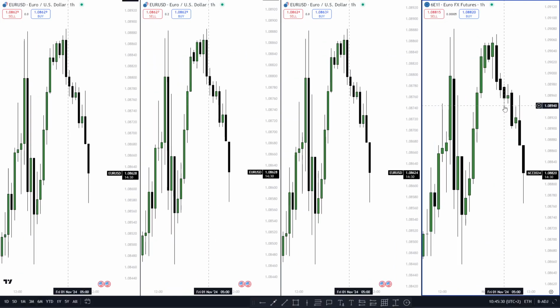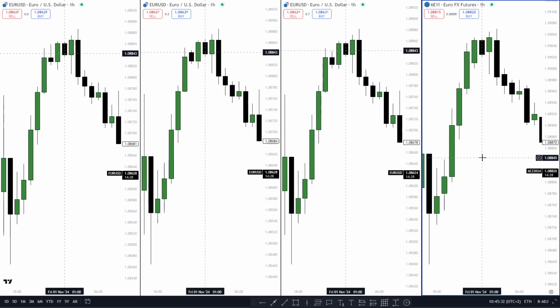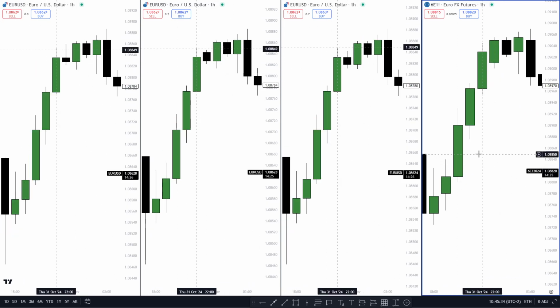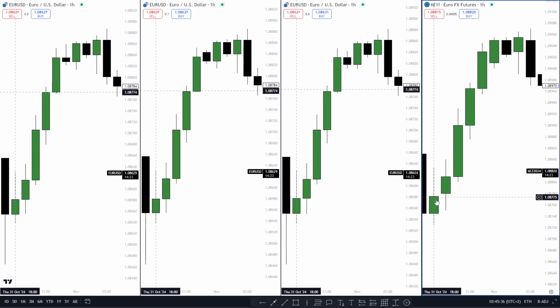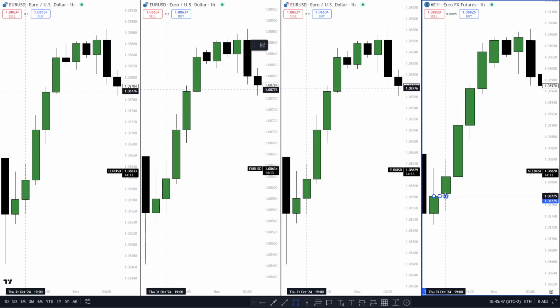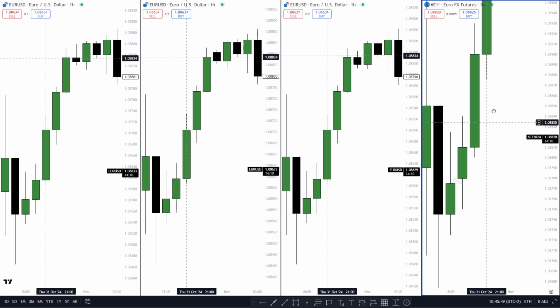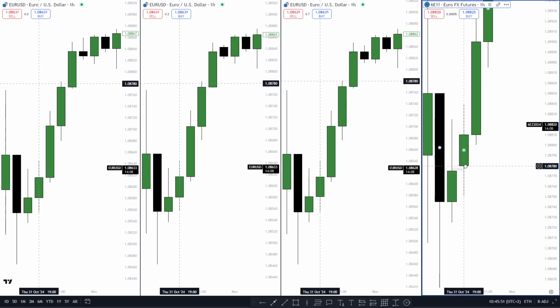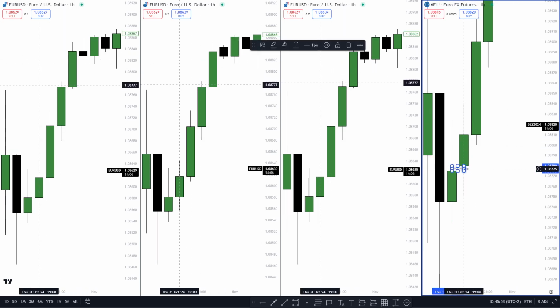So what I already noticed: first of all, this is something that not a lot of people are talking about, and that in futures you will have much more GVs. What is it? It's volume imbalances, like this one. And in the CFDs and the Forex brokers, you will not get as much.